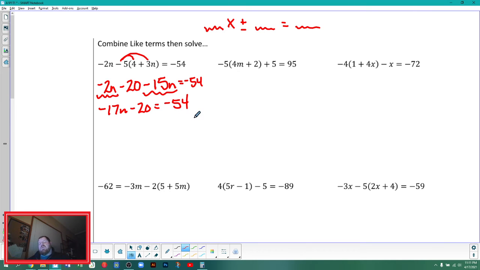Now I want to move the 20 to the other side. I'm going to get rid of it on this side by adding it to make it 0. And then since I did that on that side, I have to do it on the other. We have negative 17n equal to negative 34. And when I divide by negative 17, I get n is equal to 2.